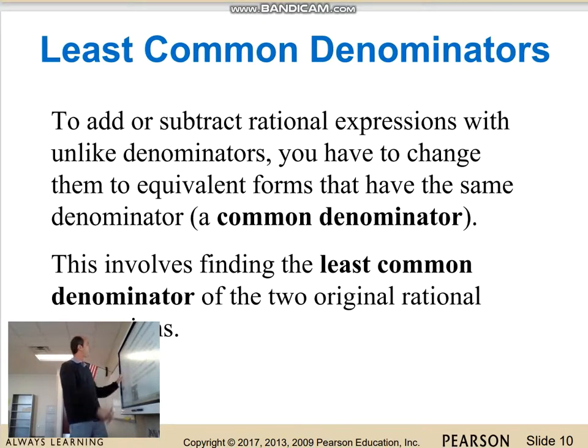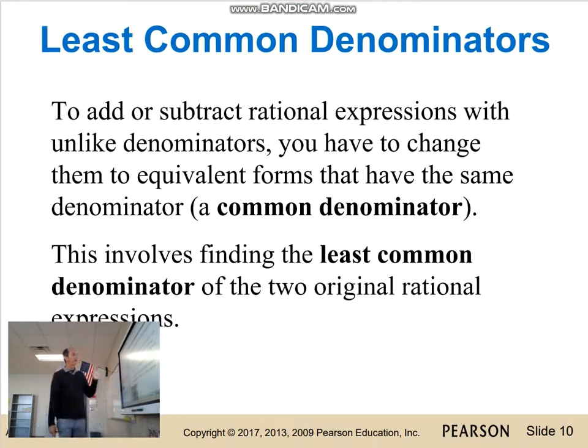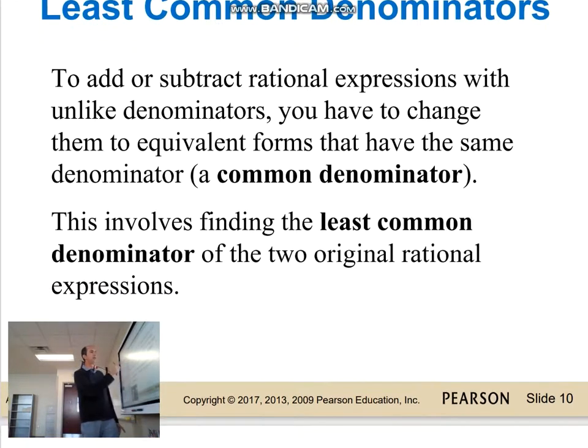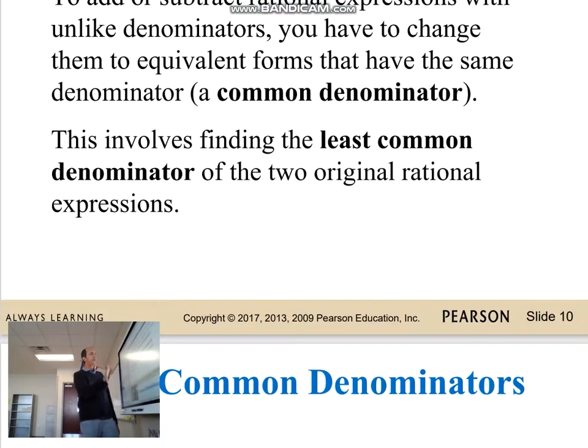To add or subtract rational expressions with unlike denominators, you have to change them to equivalent forms that have the same denominator, which is called a common denominator. This involves finding the least common denominator, the LCD, of the two original rational expressions.